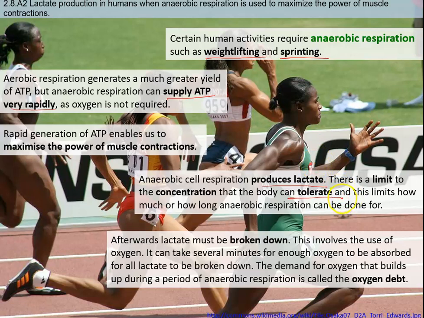So that's why you also feel pain in your muscles. And what happens is that the lactic acid must be broken down, and it happens very rapidly once the oxygen is provided.